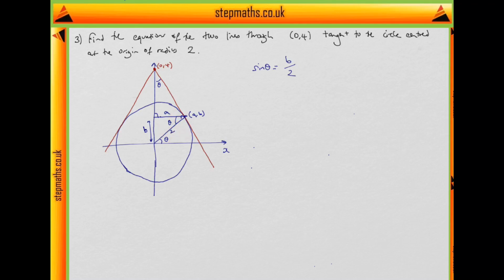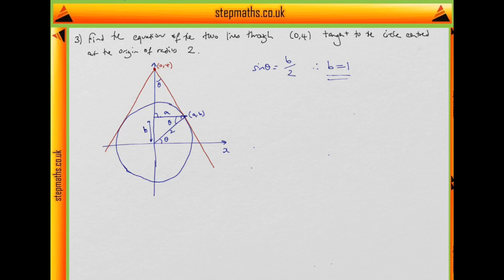Clearly, b can't be 0, because that would mean theta is 0 or pi, and theta is neither of those values. And b can't be 2, because then sine theta is 1, i.e. theta is 90 degrees, and that's not the case. So b must be 1.